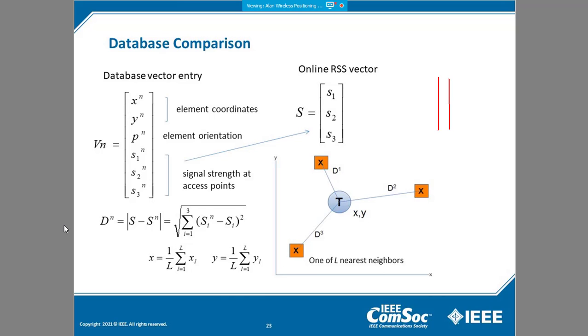For each point in the database, there will be a value of D, and all these are calculated for a particular S. We have one measurement of S, where the target is located at a time. This expression is repeated n different times.